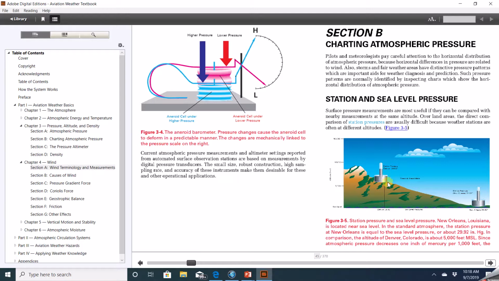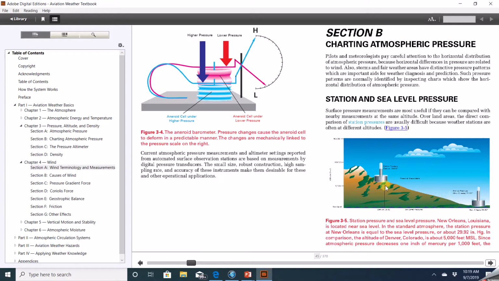You can look at New Orleans, which is at sea level, and just add to Denver's observation basically 5 inches of mercury, to bring it to the same, so that they'll match up at sea level. As a meteorologist, I like to keep everything on the same surface. Not the Earth's surface, but the same pressure surface. So that's just one quick way of looking at that.